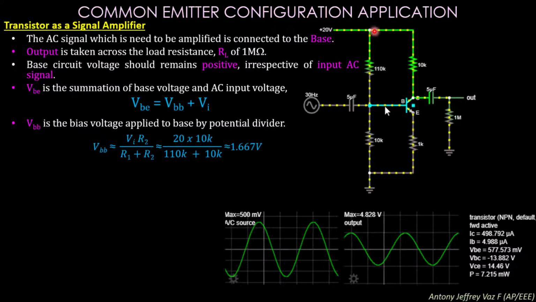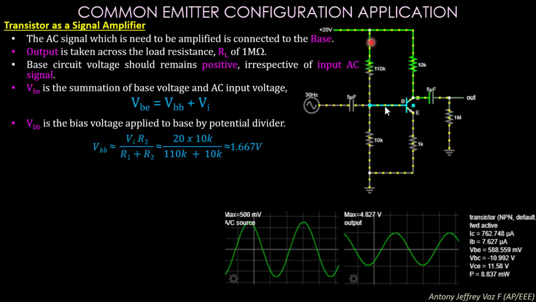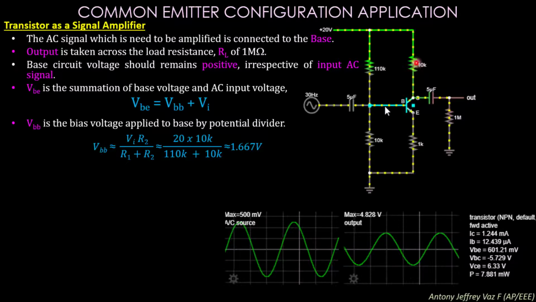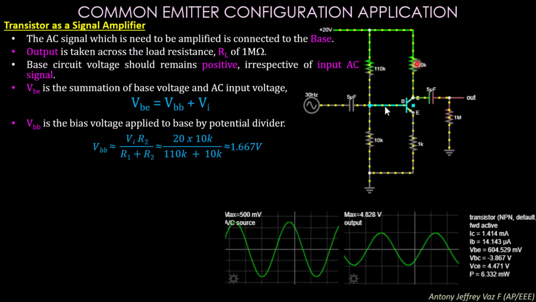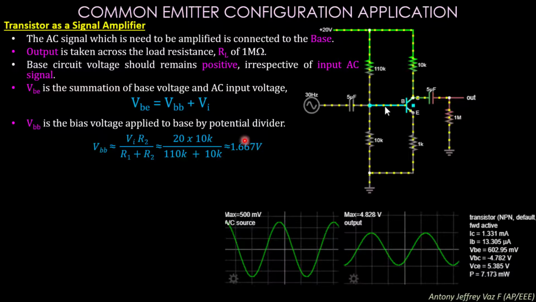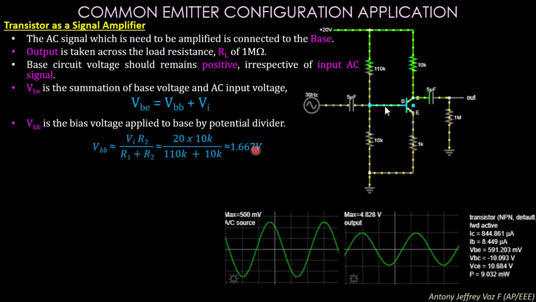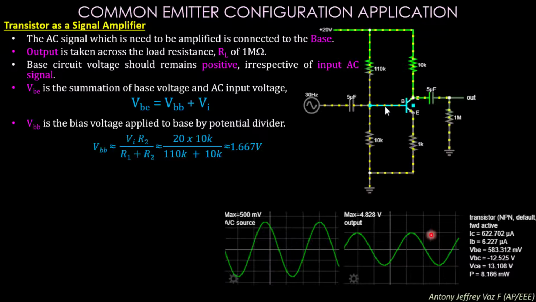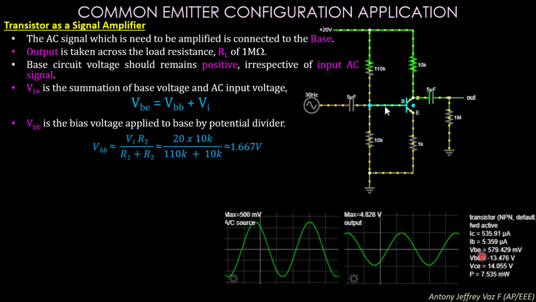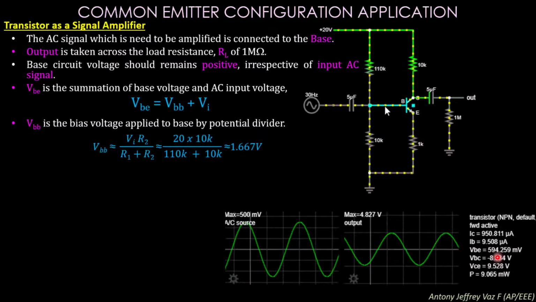Since the current is diverted into two parts, the potential drop across this resistance is different. So the potential divider voltage VBB will be an approximate voltage and always lesser than this value. While simulating, you may see the voltage across the base emitter terminal is only greater than 600 millivolt.